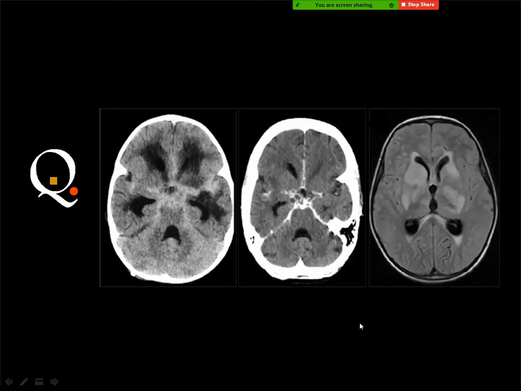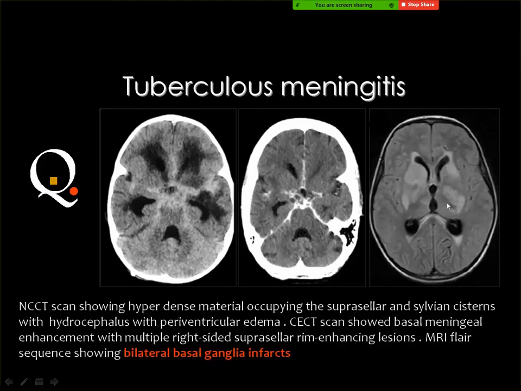Okay, and if it is hemorrhage, it should appear in the pre-contrast, but here it is more evident in the post-contrast. Meningitis. Yes, and this is basal meningitis, and you know that basal meningitis will affect the vessels in the subarachnoid space, and it will result in ischemic changes of the affected areas supplied by the vessels that are affected. Then this is basal meningitis with some ischemic changes in the basal ganglia.